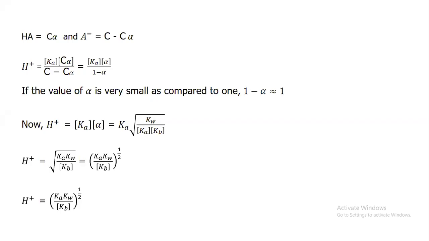So [H+] equal to Ka Ch over C minus Ch, and we get Ka h over 1 minus h. If the value of h is very small as compared to 1, so 1 minus h tends to 1, so [H+] equals Ka h, equal to Ka root over Kw over Ka Kb, and we get [H+] equal to root over Kw Ka over Kb.